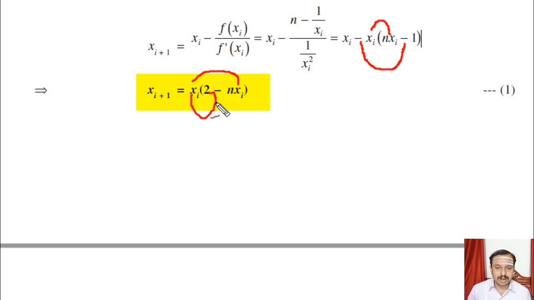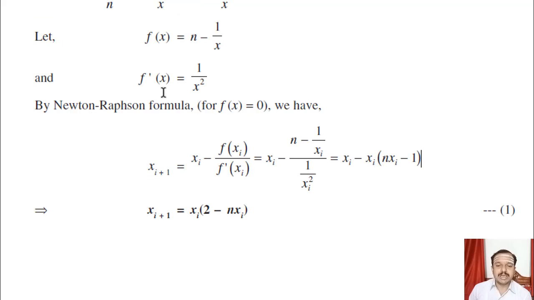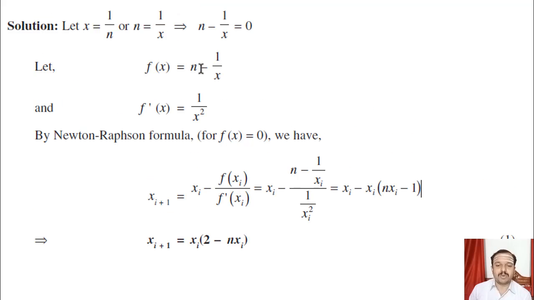So now this expression is going to serve as an iterative formula for finding the value of 1 by n, because this is going to give us the value of the root of the equation f(x) = 0. What is f(x) = 0? f(x) = 0 is n minus 1 by x equal to 0.